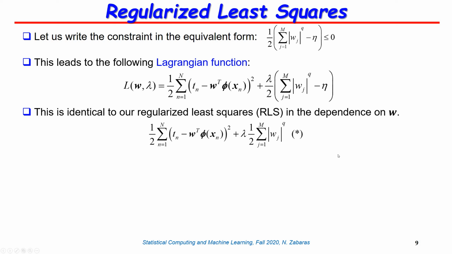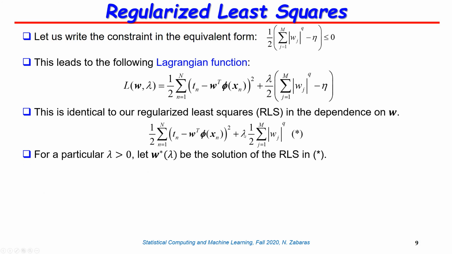Let's do the following. Suppose that you solve this regularized least squares problem for a given lambda, and you compute the optimal least squares solution, which I call here W star of lambda. So for a particular regularization parameter, you find the solution of this regularized least squares problem, and let's call the solution W star of lambda.